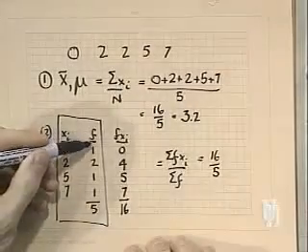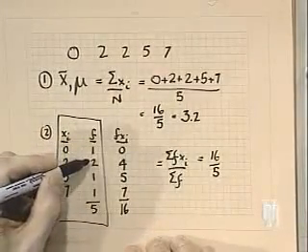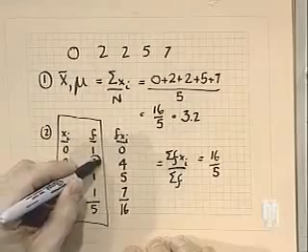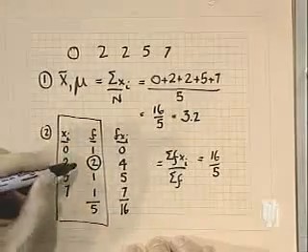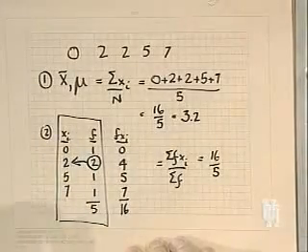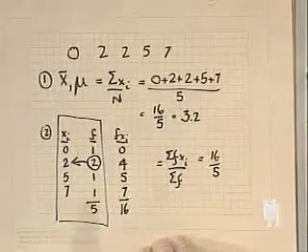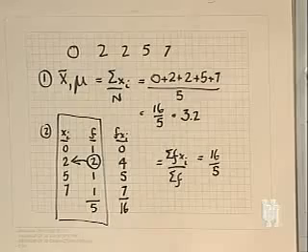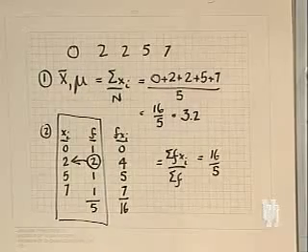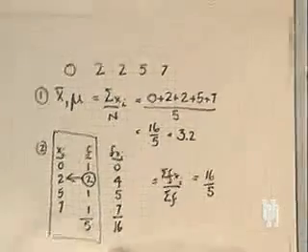The most frequent or common score in the set occurs twice, and that is the number 2. So in this instance, the mode would be 2. It would be a unimodal distribution, and that mode would be 2. Are there any questions regarding the mode?